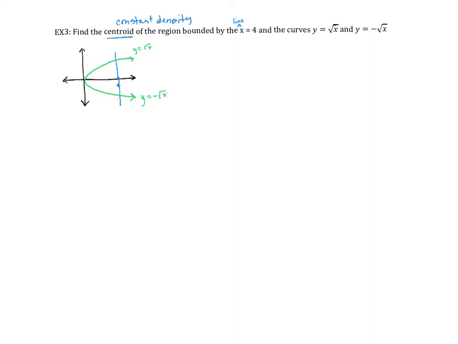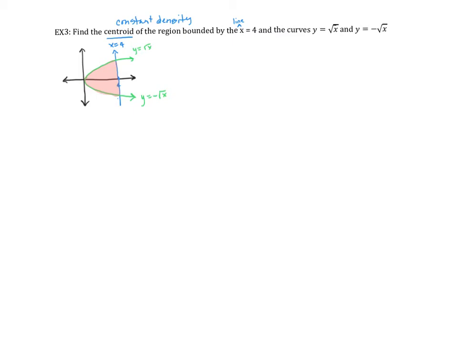All right, and then we have x is equal to 4. What I'm looking at when I want to compute the balancing of this region is this area between these curves.